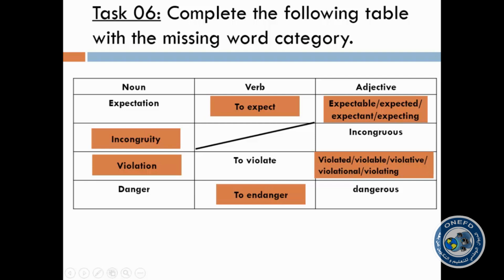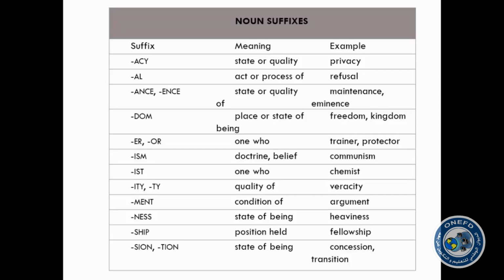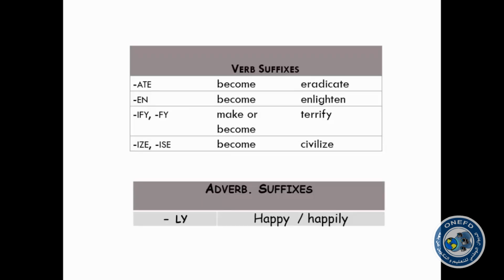So let's take a look. We took the liberty to provide you with some lists of suffixes. The first list is noun forming suffixes. The second list is verb forming suffixes. The third list is adverb forming suffixes.